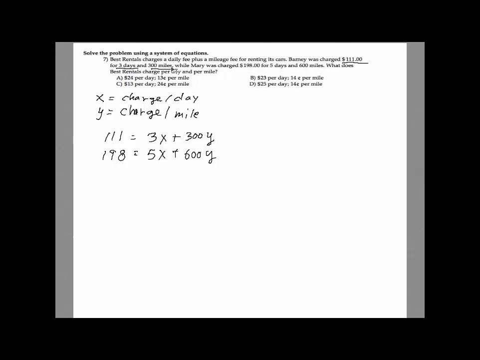Okay, so let's solve this system. I think it would be easier if you multiply the first equation by -5, and the second one by 3, so we can eliminate x. So -5 times the first equation equals -15x minus 1500y.